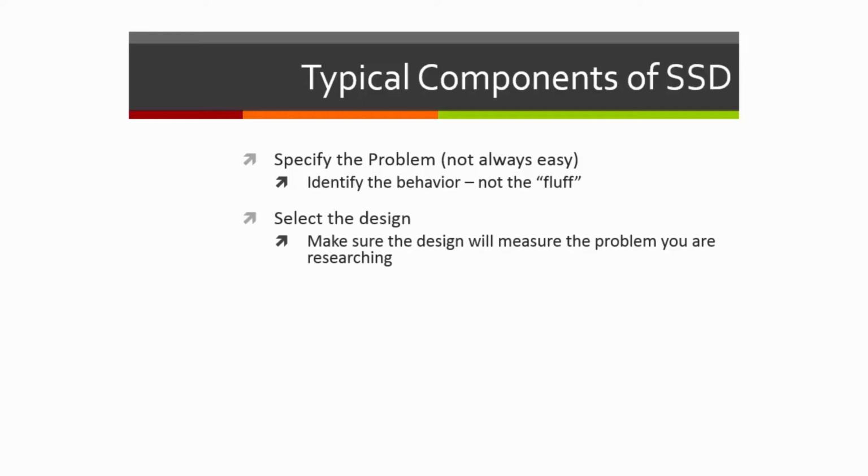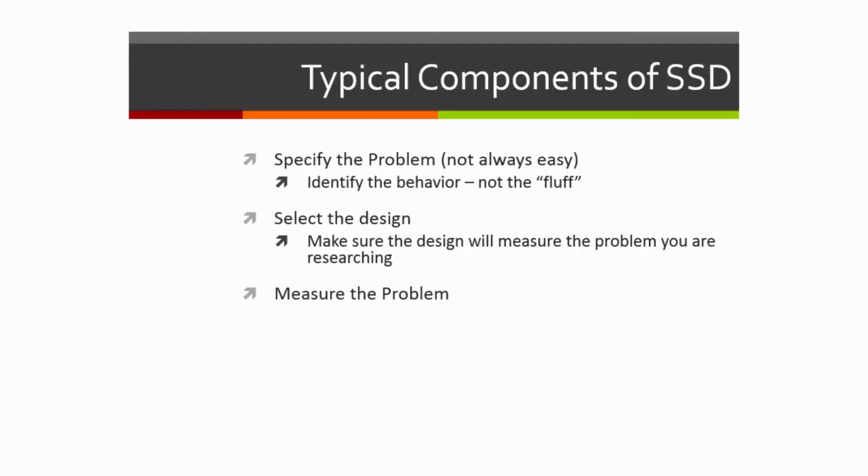Once we identify the problem, we have to select the design. And once we select the design, we have to make sure that it's going to measure the problem that we're going to research. Because oftentimes we come up with our design and then we go backwards and try to figure out what the problem is. And when you do that, sometimes it doesn't always work out. But once we figure it out and we know what our problem is and we know how we want to measure it, or we want to design the study, then we have to measure the problem.